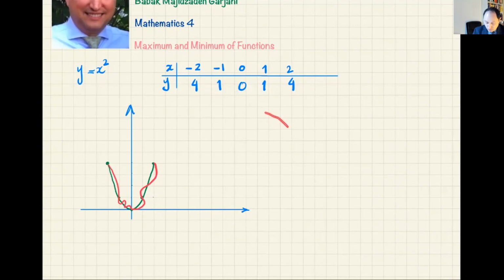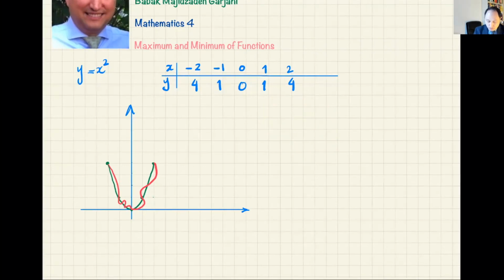If I have this situation, the graph is bending downward. But if I have the green one, the graph is bending upward. So that is one qualitative quality of the graphs that is important. And then we will see how we can understand them from the function's point of view.